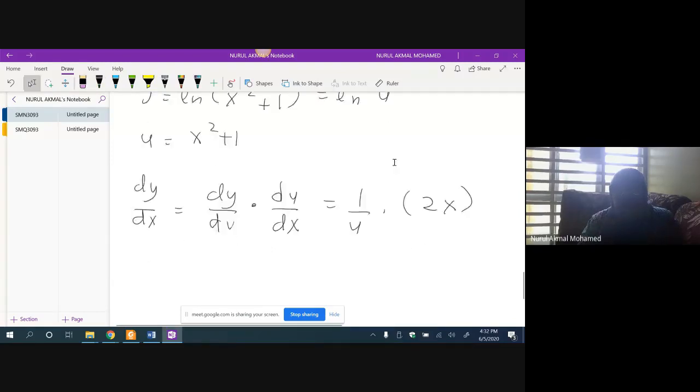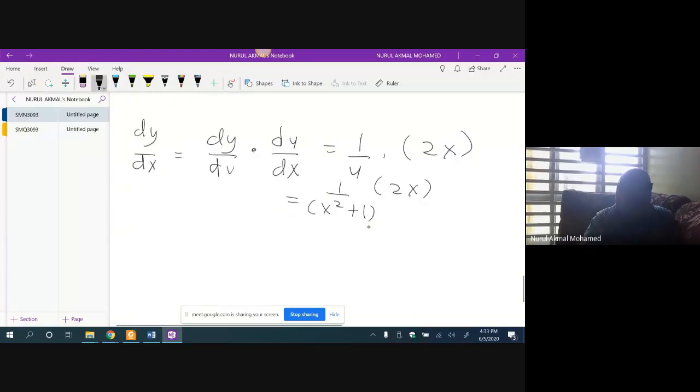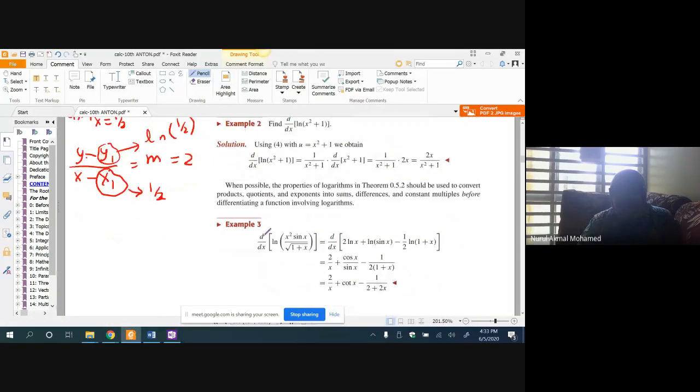After that, you substitute what u is. So u is x squared plus 1, so it will be 1 over x squared plus 1, then you multiply with 2x. So this is your final answer for dy/dx.